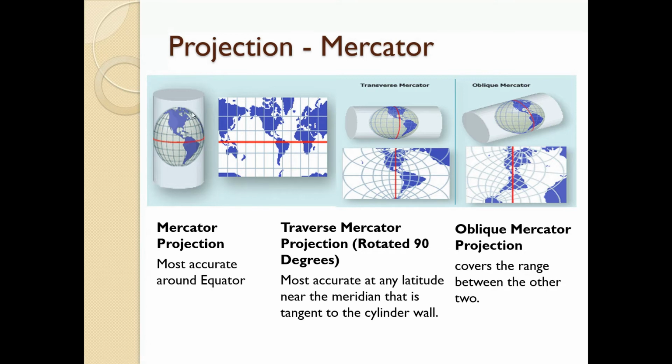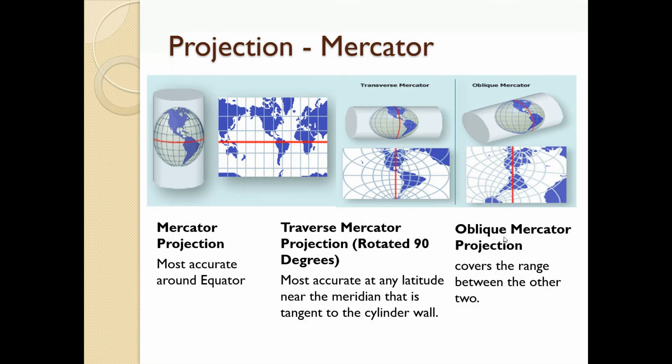If you take the same cylinder now, leave the Earth in this vertical position, North Pole up here, South Pole here, but rotate the cylinder into a horizontal position, then you'll see it touches the sides at the North Pole and South Pole, so it becomes very accurate at that point. But obviously, this is not going to be very accurate around the equator. That's what's called a Transverse Mercator.